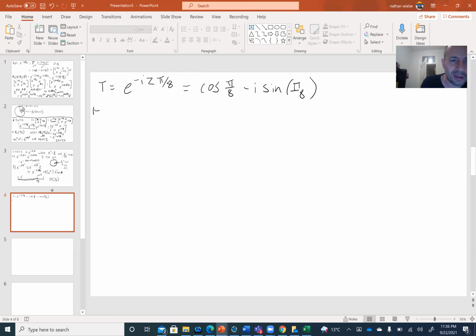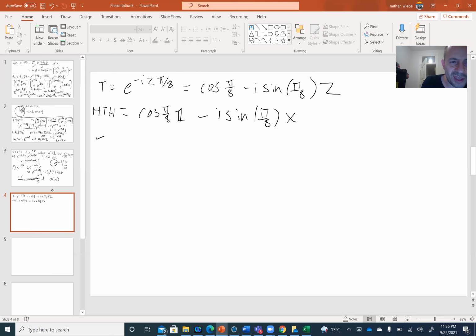Now, similarly, HTH is equal to cosine pi by 8 identity minus i sine pi by 8 HZH, and of course HZH is equal to X. So these are our two operations, and we can figure out what the product is between them pretty straightforwardly.